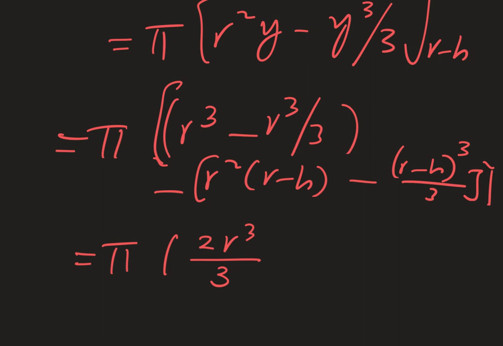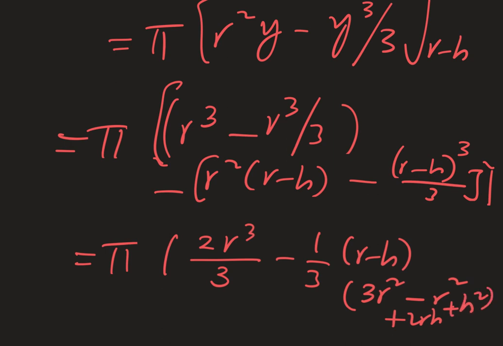How do we make it simple? Actually we can make it simple by manipulation, right? You don't need to do very tough work, so it's not so difficult. You can do that. This is r squared. Put a 3r squared here, minus r minus h squared. So this is r squared plus 2rh plus h squared minus h squared.